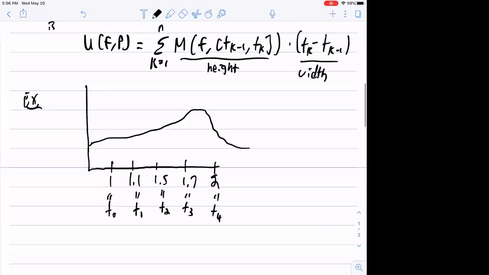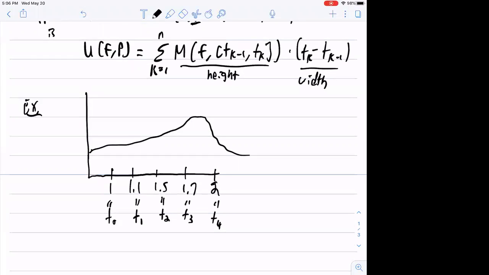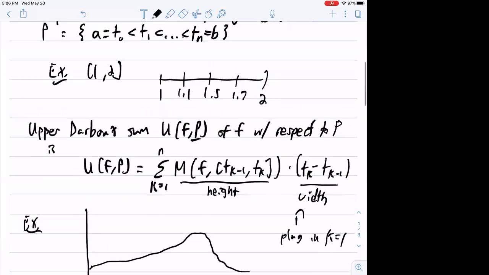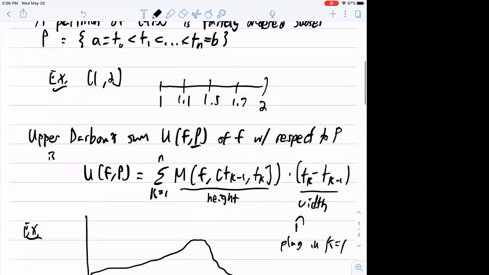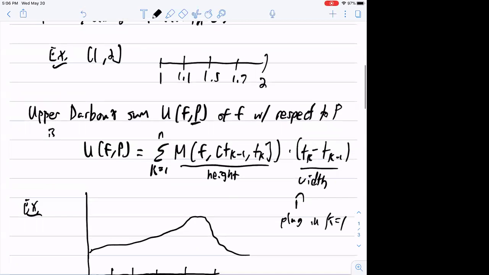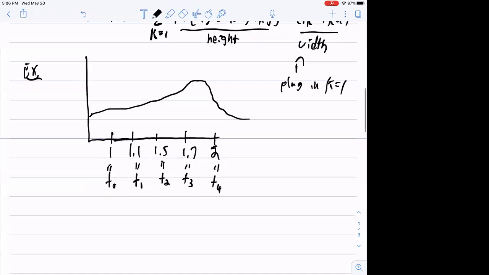What's the width? The width is t1 minus t0, and that is exactly what you get if you plug in k equals 1. And what's the height? Recall what M is: the sup of f on whatever interval you're in. I drew it increasing, so the sup is something like this, and this is my rectangle.